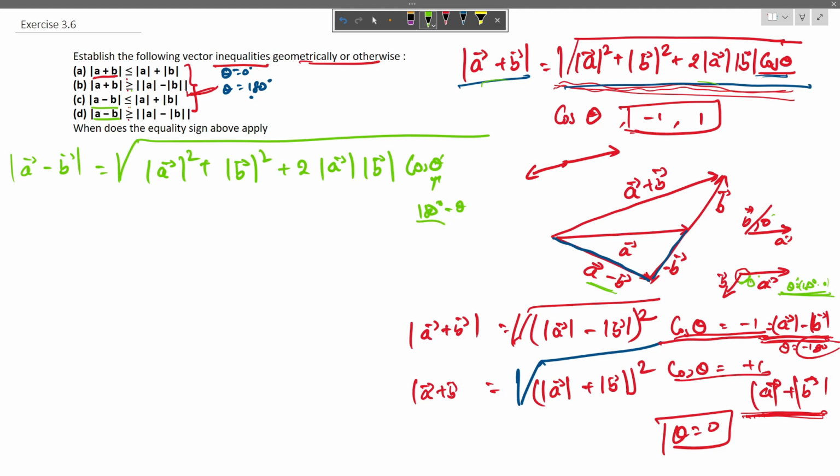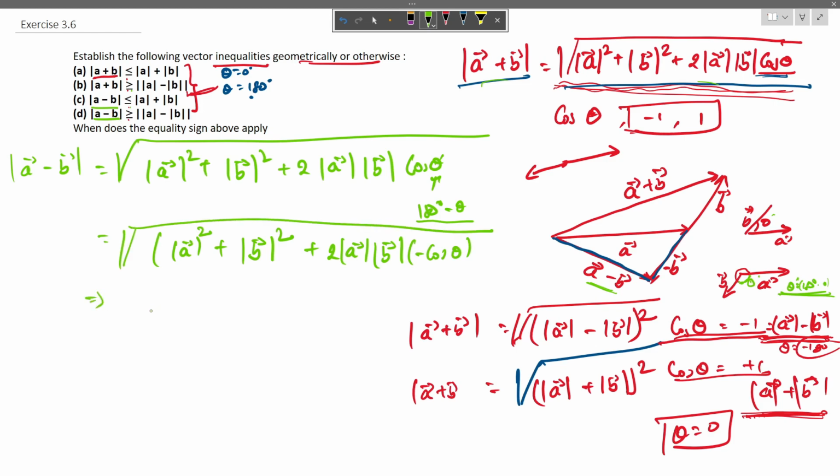So the new angle would be 180 degree minus theta, and this would be the magnitude of vector a square plus magnitude of vector b square plus 2 times magnitude of a times magnitude of b, times cos of 180 degree minus theta, which is going to be minus cos theta.